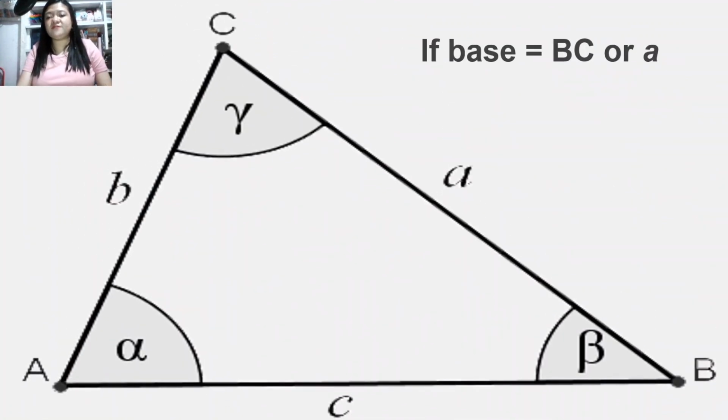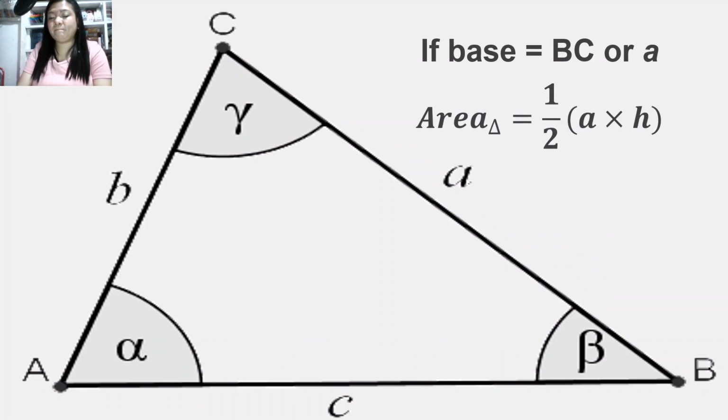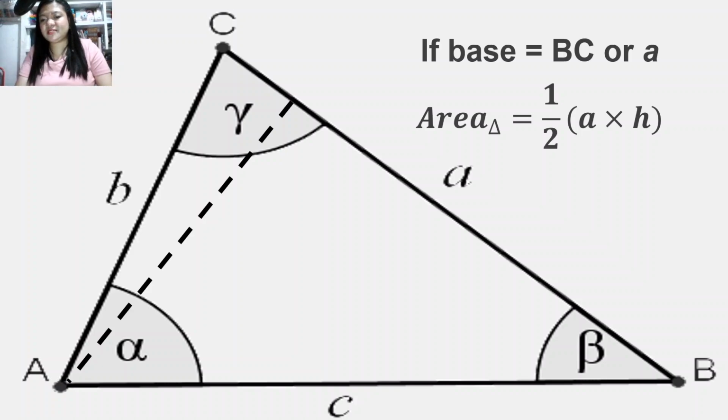Okay, next, what if the base is at BC or our side A? So our hypotenuse this time is opposite angle beta. Okay, so this will be our reference angle, the beta, and the hypotenuse is C, and our opposite side is the height or the altitude. And to get the value of H, we will still again use sine.